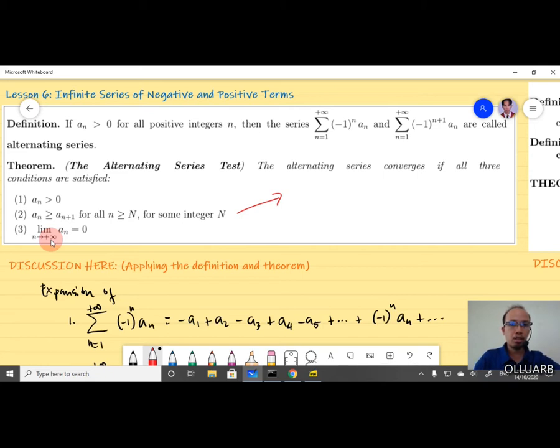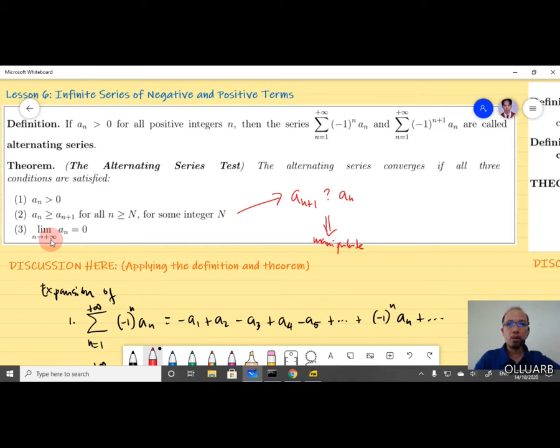You can show it this way: you can put a question mark and then manipulate, manipulate at the end, to show whether the sequence is indeed decreasing or not.